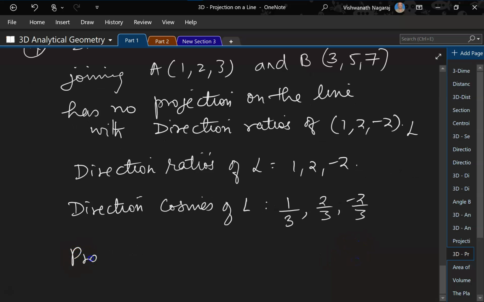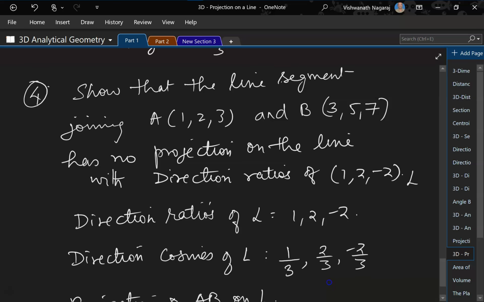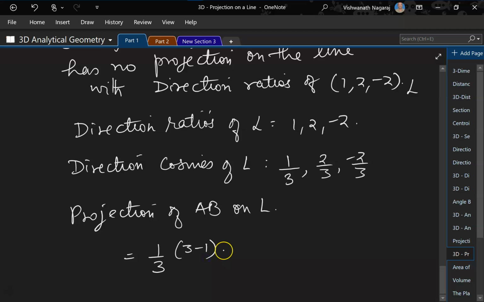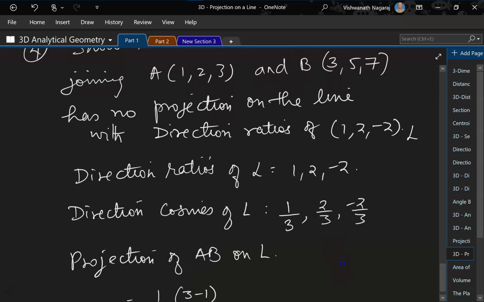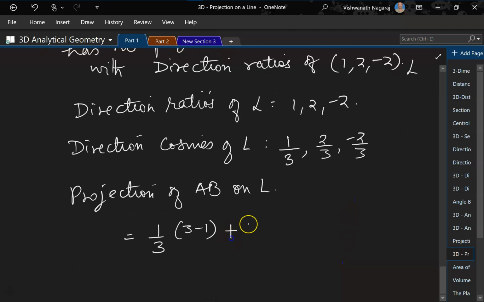Now the projection of AB on L is the direction cosine of L times the direction ratio of AB. So the direction ratio of AB will be 3 minus 1. It's better to write it in one step so that it's easier to trace back any mistakes you might have made. Then 5 minus 2.